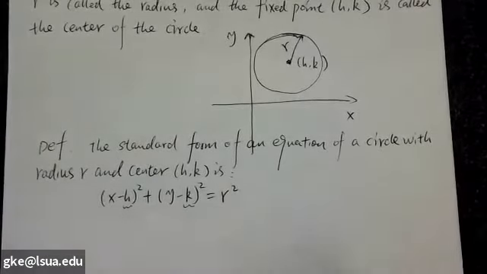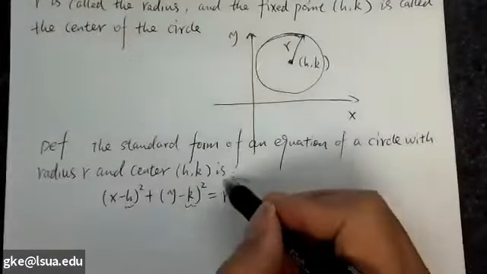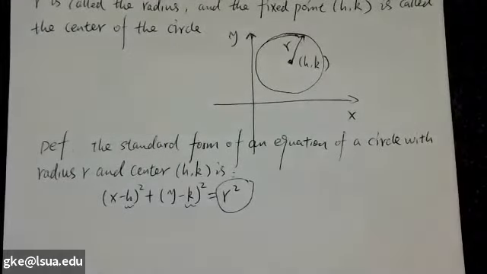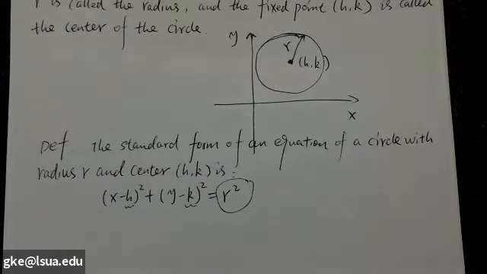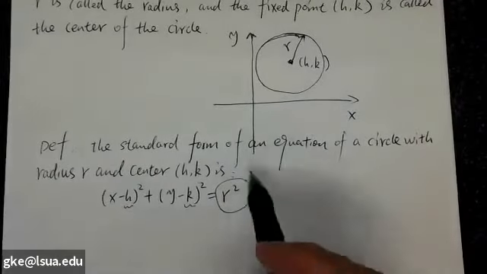And the most important thing here is R squared. I bet most of you will make a mistake and write R instead of R squared. That's wrong. It should be R squared.